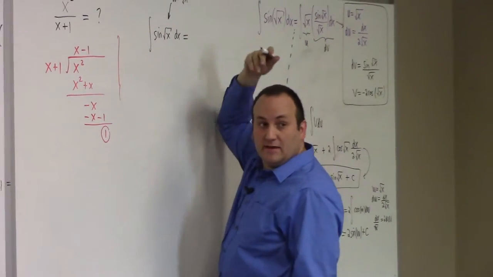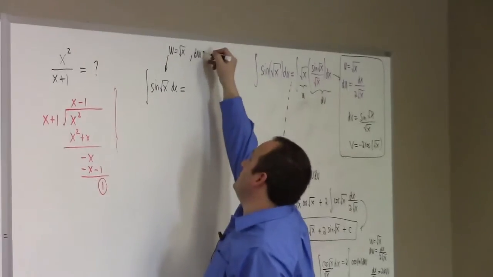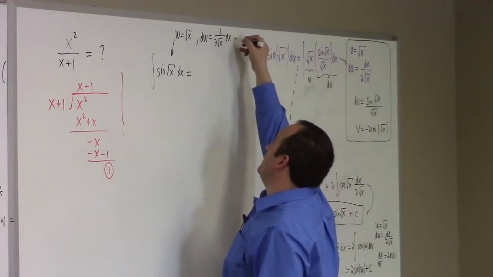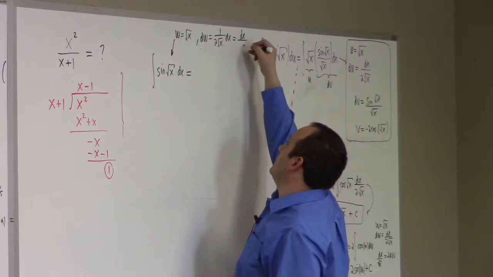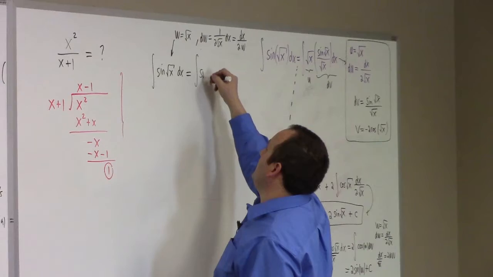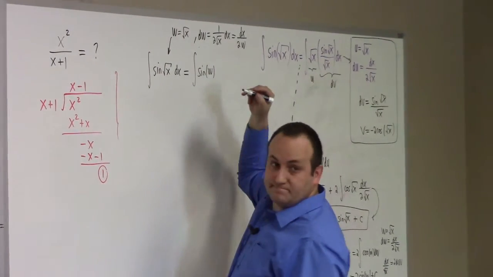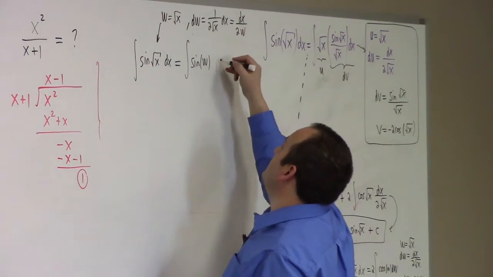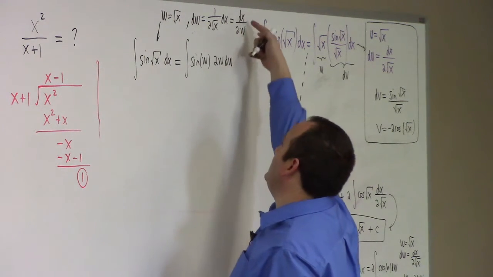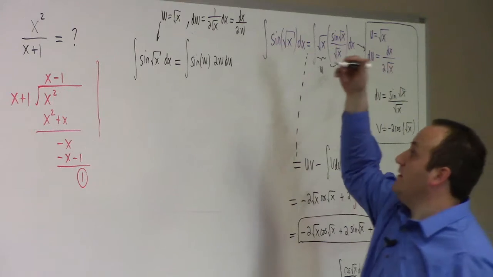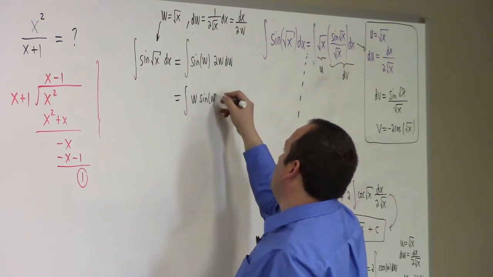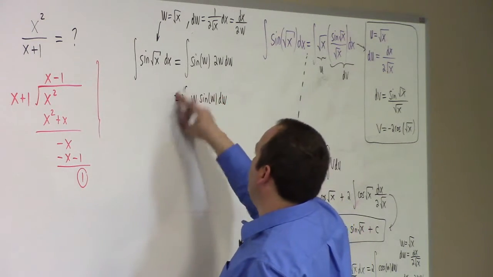If I do that, dw is 1 over twice square root of x dx, in other words, dx over 2w. So this is actually the integral of sine of w times 2w dw, because dx is 2w dw. And so lo and behold, I've got the integral of w sine of w dw times 2.